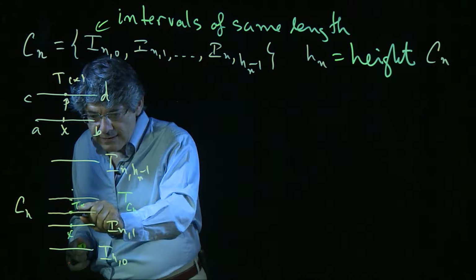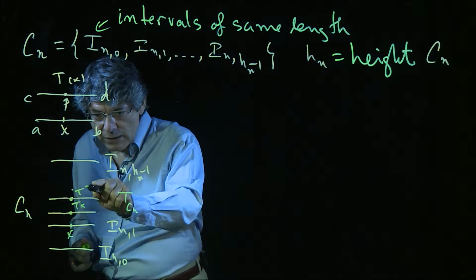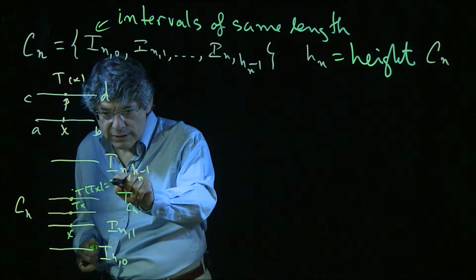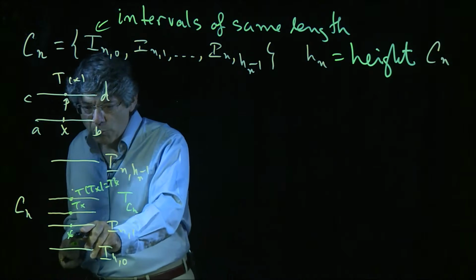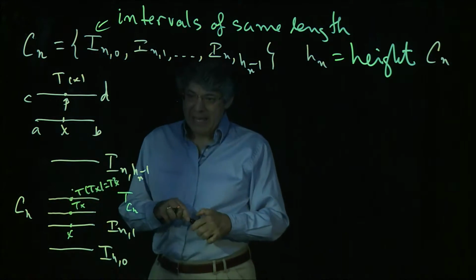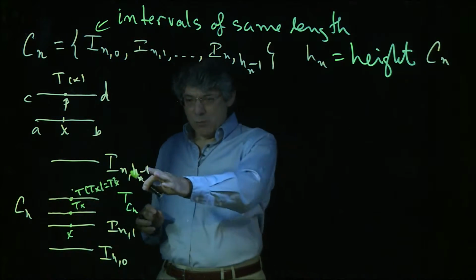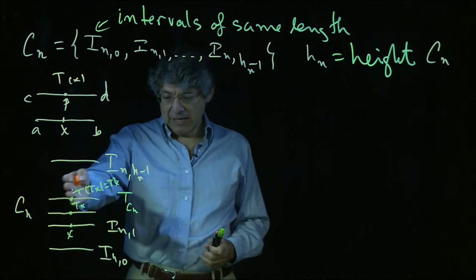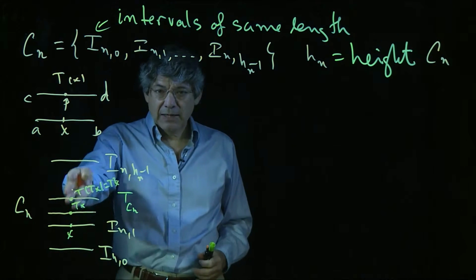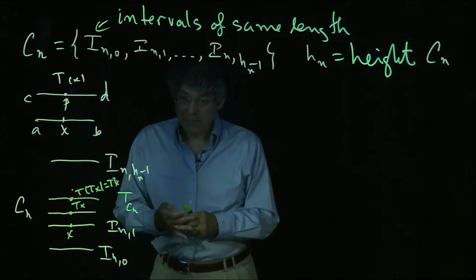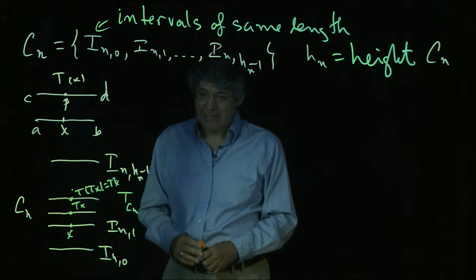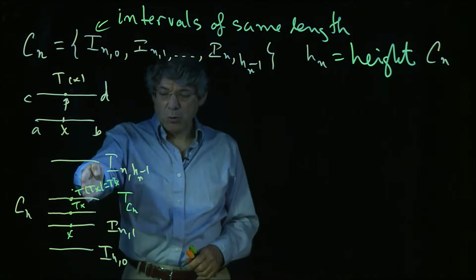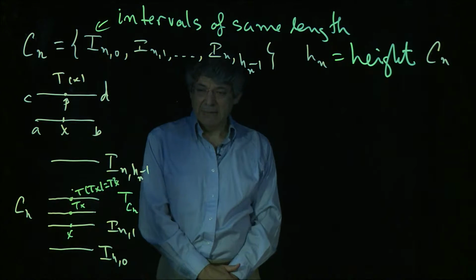This is x, this is T of x, and this point would be T of T of x, which we call T squared of x. So points go up. To specify the map, all we need is to give a column that consists of levels, and given a level, we know where the point goes in the level above it.